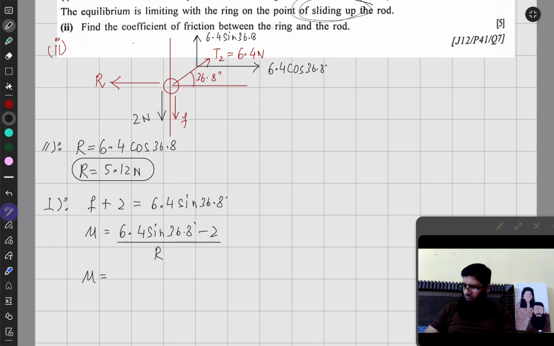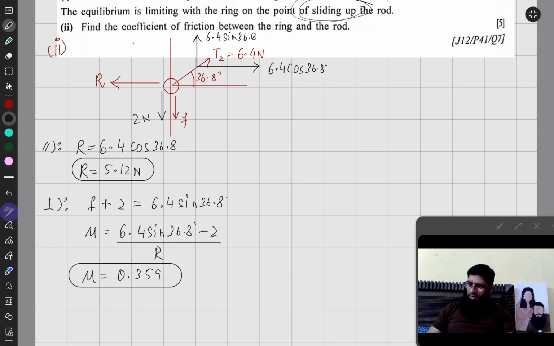So for mu you will have 6.4 sine 36.8 minus 2 divided by R, which was 5.12. So that will be 0.359, because you are supposed to write the answer in 3 significant figures.